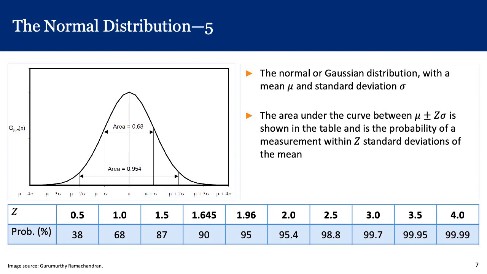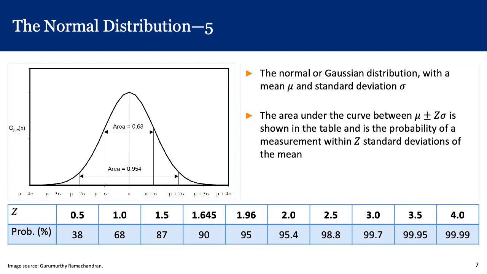And we come to the next row and we say, oh, that's 68%. So what it means is that of the entire area under the curve of this normal distribution, 68% lies within one standard deviation of the mean.